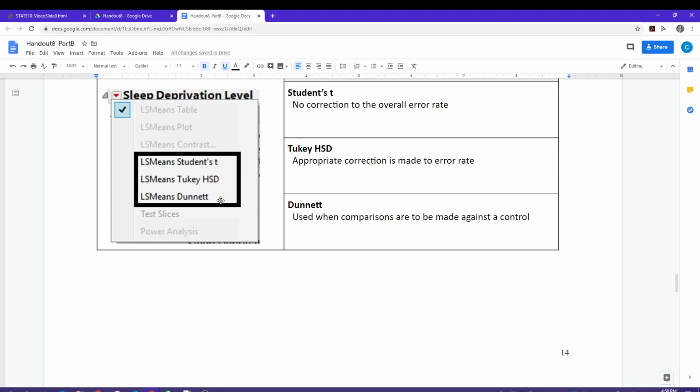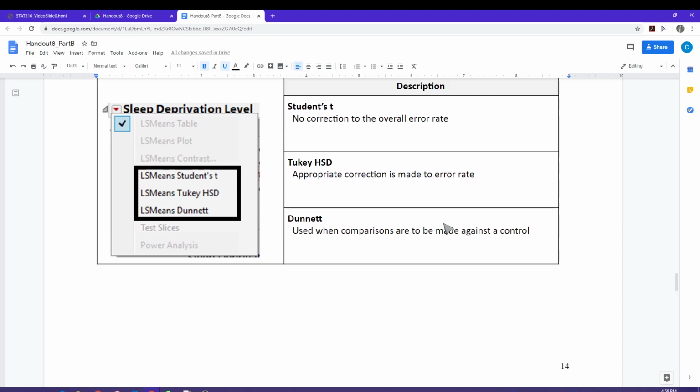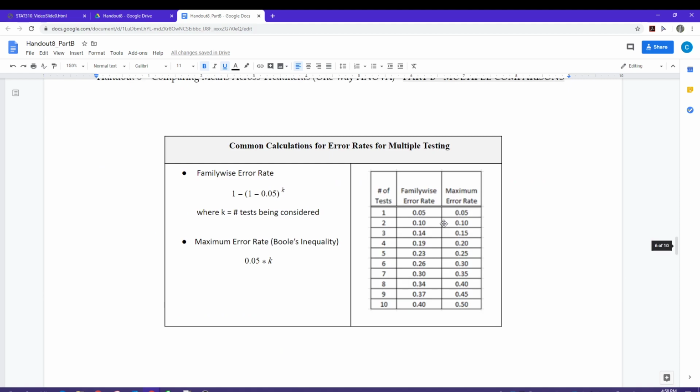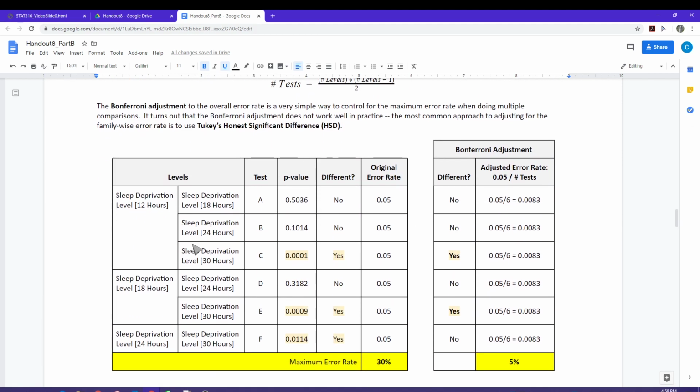Now, Dunnett's procedure should be used when you have a control or a particular control setting in your experiment. So maybe if level 12 was a control, what I might want to do is just compare each of these others against my control.